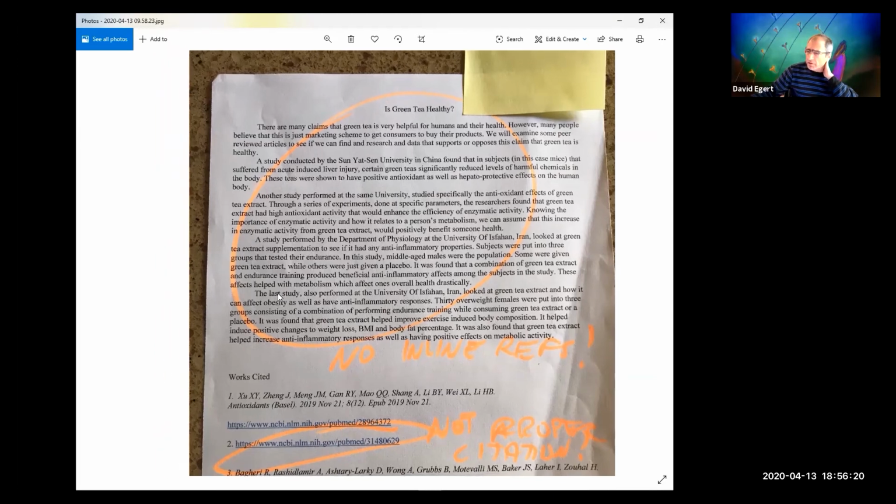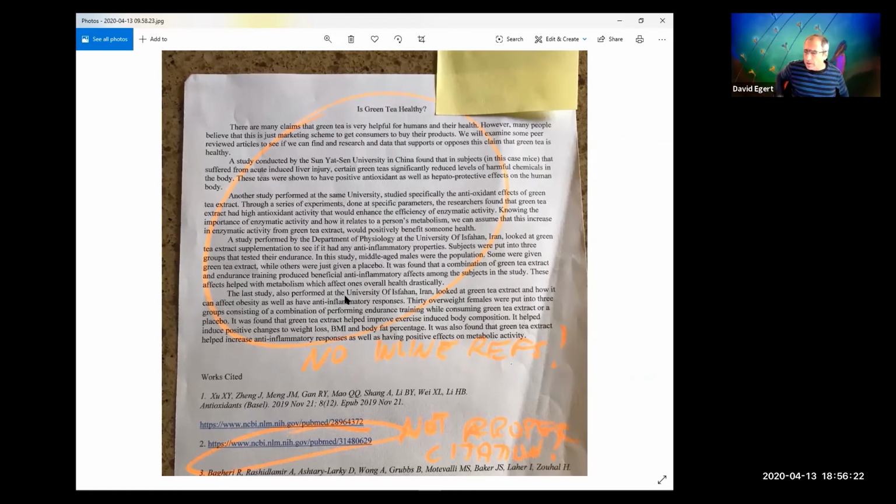In general, you also don't talk about a study performed at such and such. I don't care where the study was performed. I just care what the important points are. I don't care if it was in Iran or in China or wherever else. But no inline references, that's not okay.